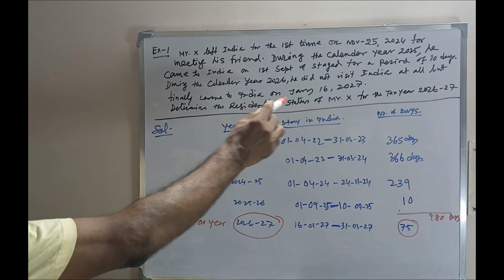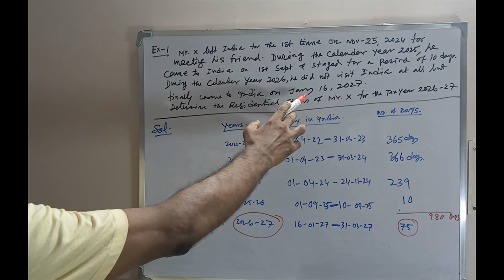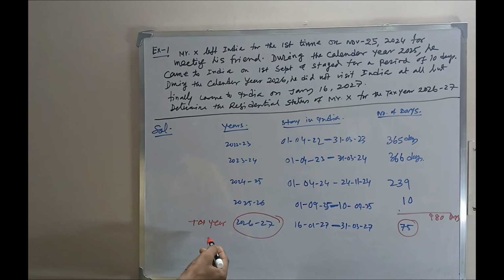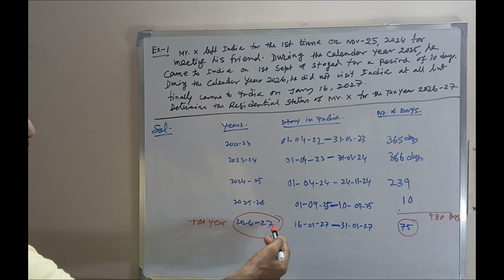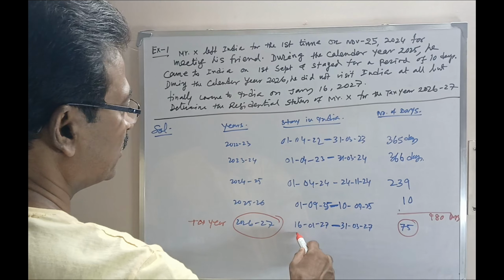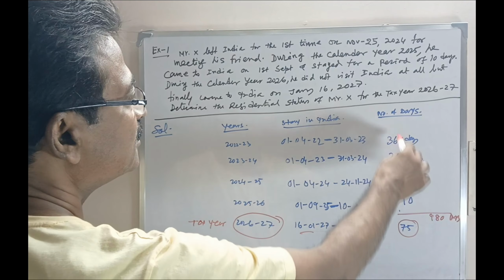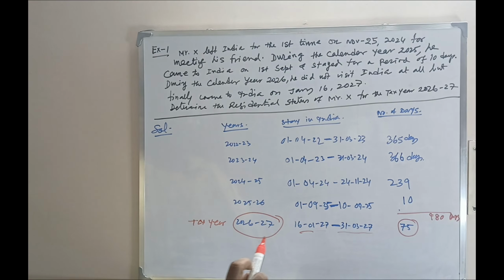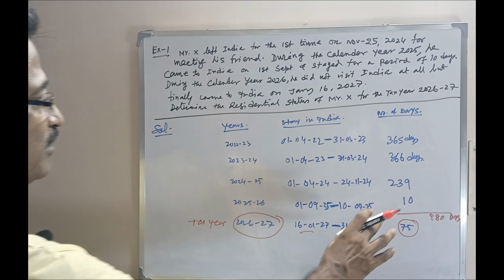It is clearly written that he came to India on January 16. Starting from 16 January to 31st March, calculate the days. The days is 75 days. He stayed in the tax year 75 days.